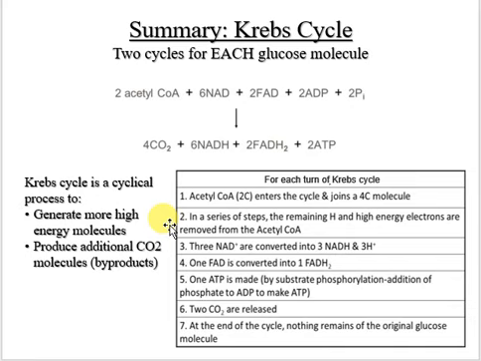Because it will make 2 turns, because there are 2 molecules of acetyl coenzyme A entering the system, you will get a total of 6 NADH produced, a total of 2 FADH2, a total of 2 ATP, and a total of 4 carbon dioxide molecules.